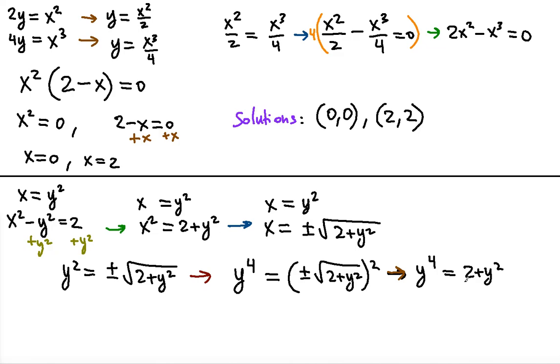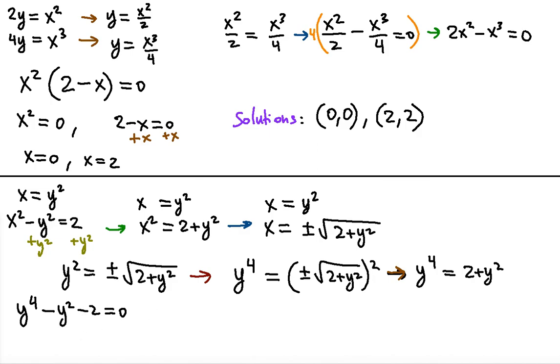Now you subtract the 2 and you subtract the y squared so that you will have a 0 on the right side. So as a result, you will get y to the fourth minus y squared minus 2 is equal to 0. Now this is an easily recognizable form that you can factor on the left side.